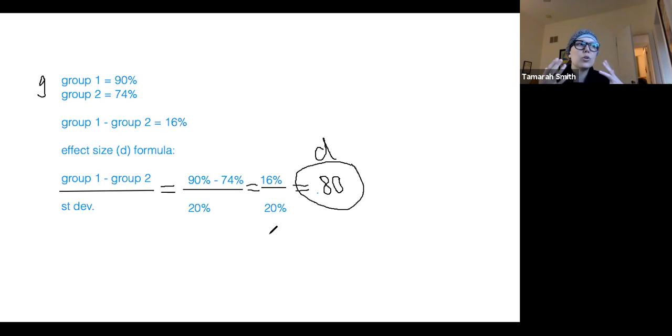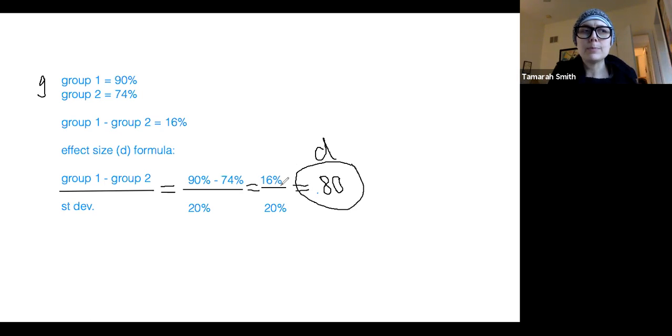So we can always go back and reverse the math and figure out what was the actual mean difference. In this case, understanding that two groups are 16 percentage points different on a test, you don't really need anything else to tell you that's a big deal, because in context, that's a big deal that students differed by 16 percentage points on the test.